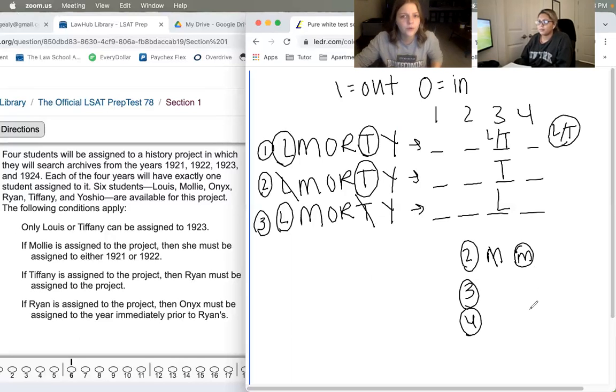So my third rule says if T is assigned to the project, then R must be assigned to the project. That's a typical in and out rule, right? Yeah. So go through your worlds and tell me which worlds R has to be in, which worlds R not necessarily has to be in. So R has to be in 1.